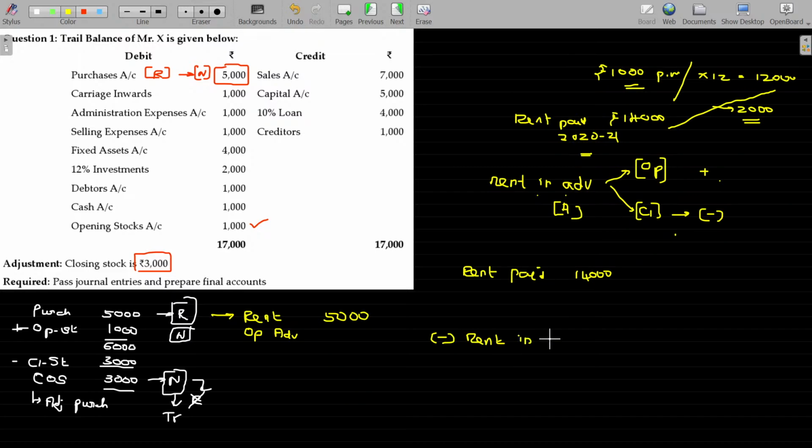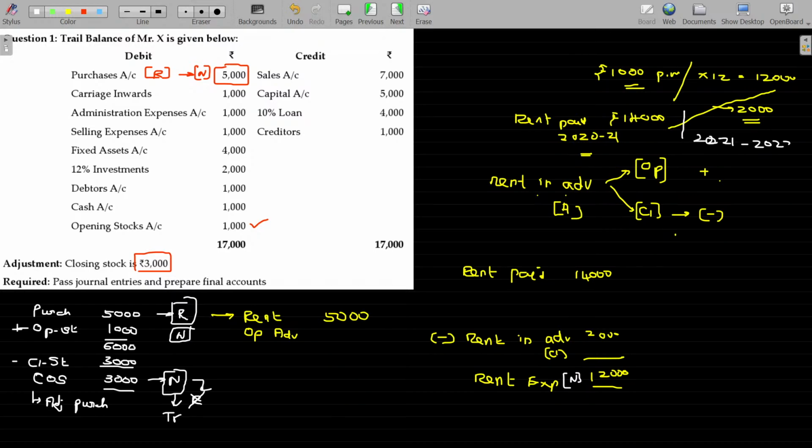Rent in advance closing is subtracted. So the rental expense to be debited to the P&L account is 12,000 rupees. This is the rental expense debited to the P&L account. This should always be a nominal account. Is that okay?